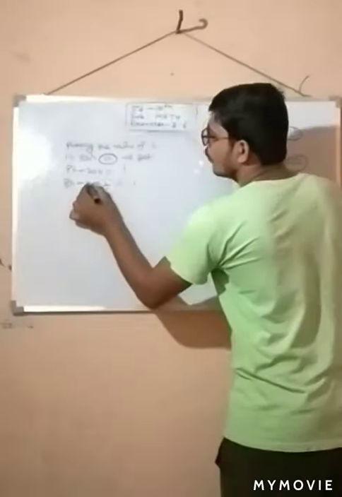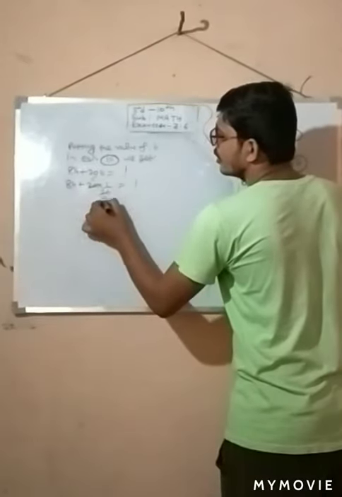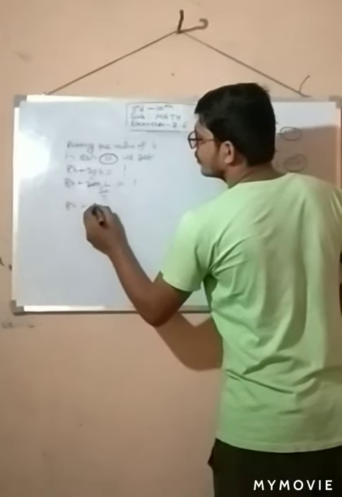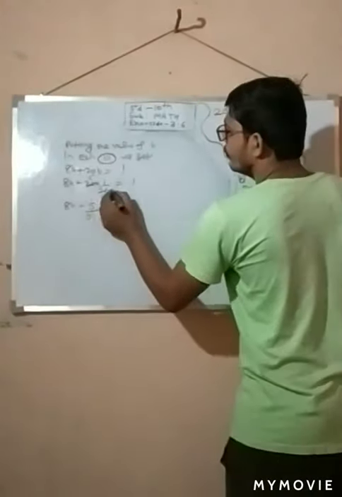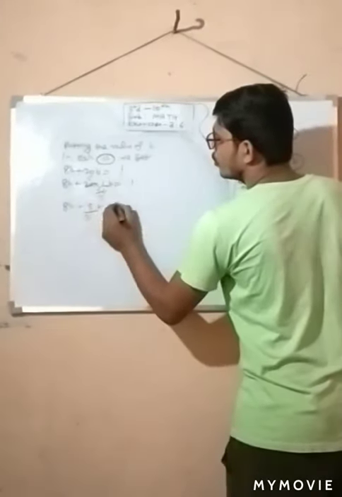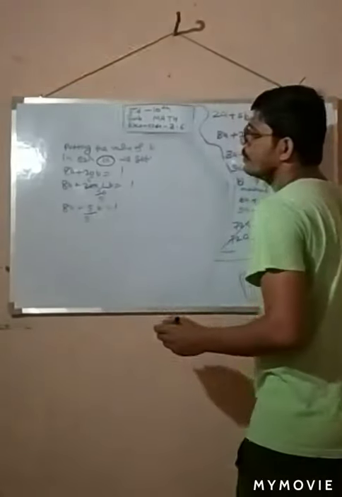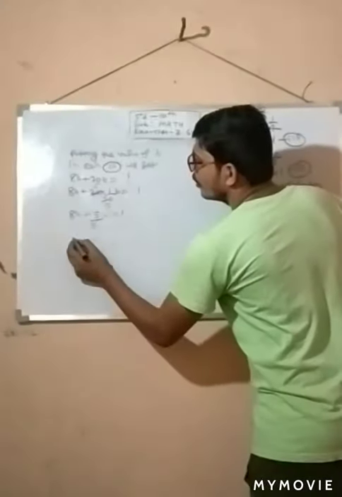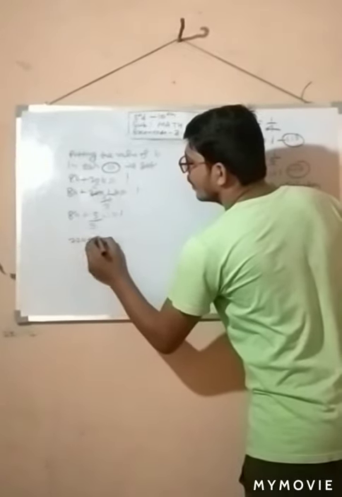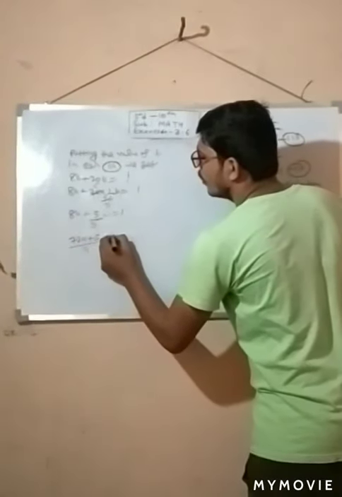Now 4 5s are 20, 4 9s are 36. 8A plus 5 upon 9 is equal to 1. Cross multiply.